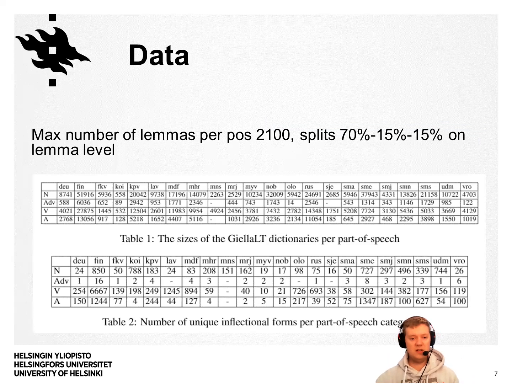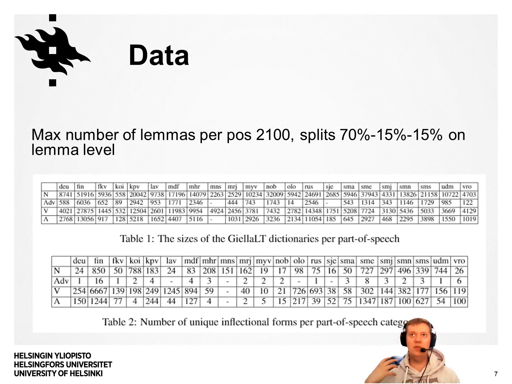So in terms of data, here are the dictionaries we have. The dictionaries have different sizes depending on the language. We take all the words up to 2,100 words per part of speech for all the languages. We do the training, testing and validation splits on lemma level, which means that in the test set, we are not going to have any lemmas that the model saw during the training, because as we remember, our end goal was that we want something that works with UralicNLP.